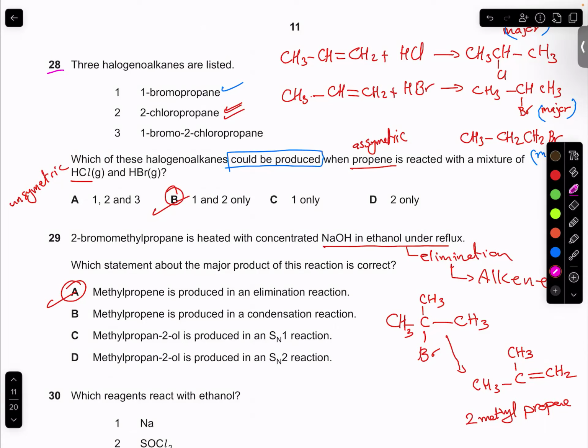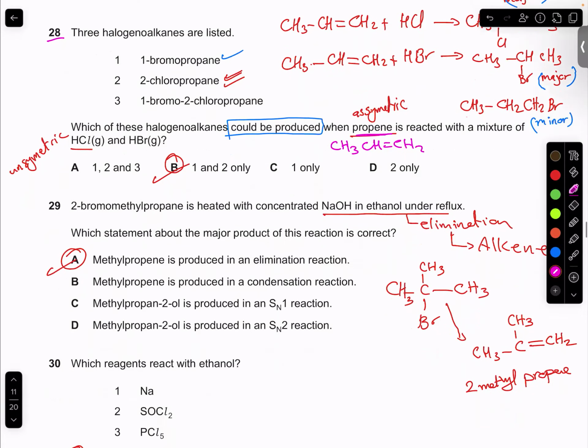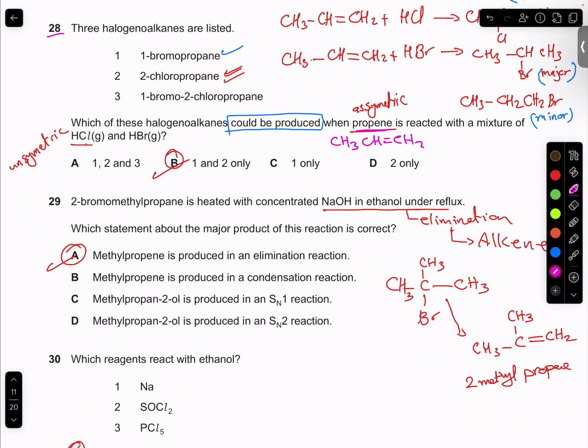But which of these halogenoalkanes could be produced when propene, which is CH3CH=CH2, reacted with a mixture of HCl and HBr? Propene consists of only 1 double bond, so only 1 double bond will be broken. So only one of them can be added to propene. So number 3 is wrong. We can't add bromine and chlorine at the same time because we have only 1 double bond.